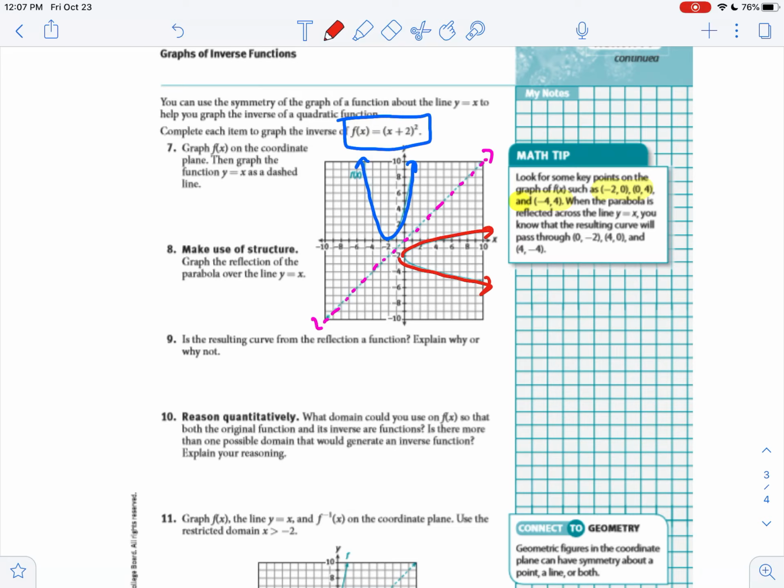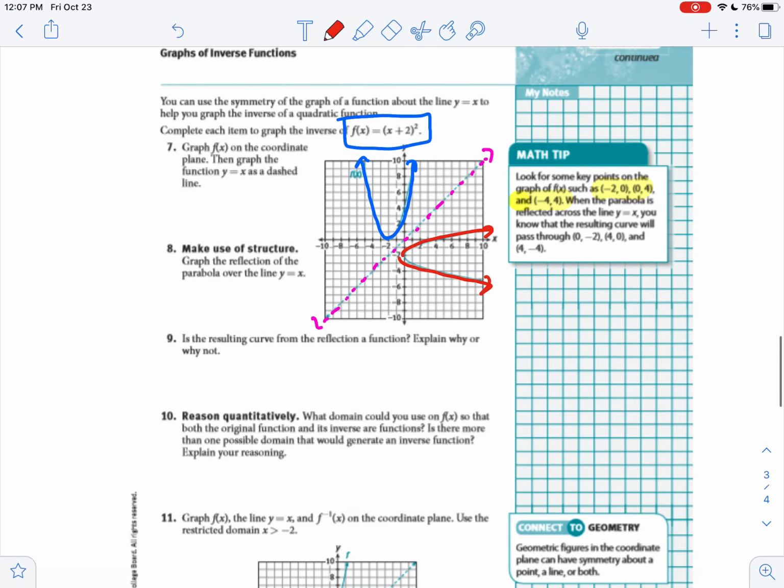The inverse actually switches the x and the y's. And so a reflected parabola that we see over that line is actually not a function. Okay, so the reflected parabola is not a function.